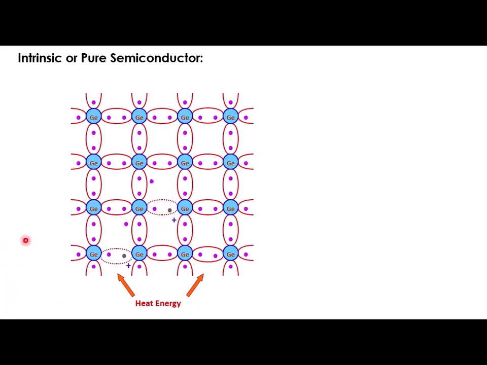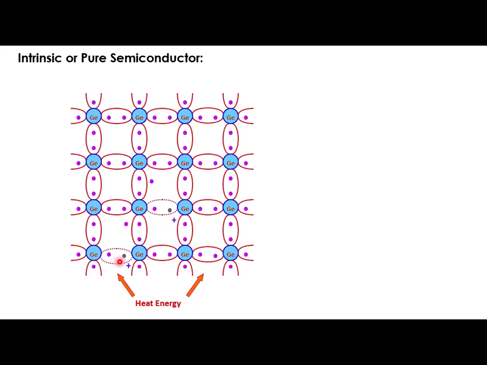Now since everybody in nature wants to be in a stable state, these two covalent bonds will try to fix this problem. How will they fix this problem? There are two ways.